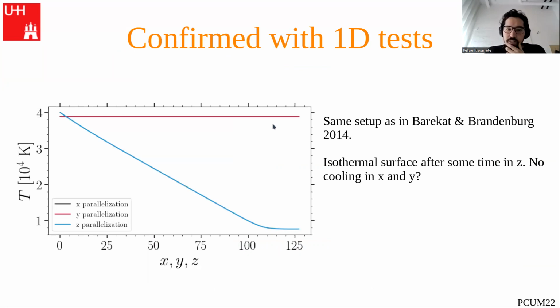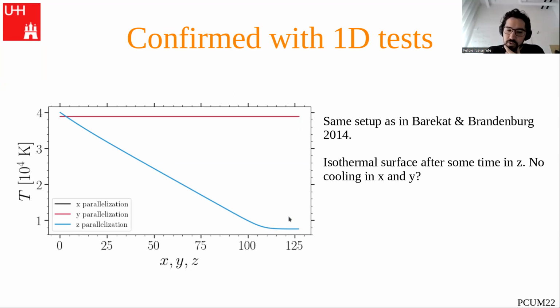At this point, we decided to take one step back and go to 1D tests. We use the same setup as in Barekat and Brandenburg 2014, which is basically that you start with an isothermal initial condition, let the system cool by itself, and maintain the temperature at the bottom. If you do this in the Z direction, then everything works fine.